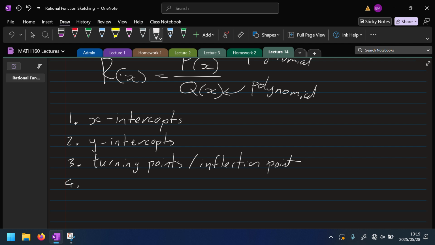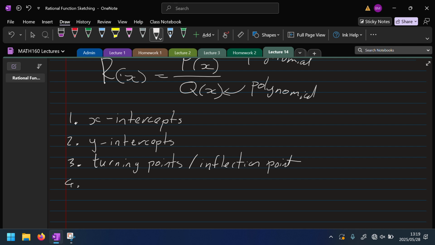For rational functions, we also have two types of asymptotes. You're familiar with this from high school with the hyperbola, right? You've got your vertical asymptote and your horizontal asymptote. The same thing applies in general. However, for the vertical asymptote, sometimes there's more than one.